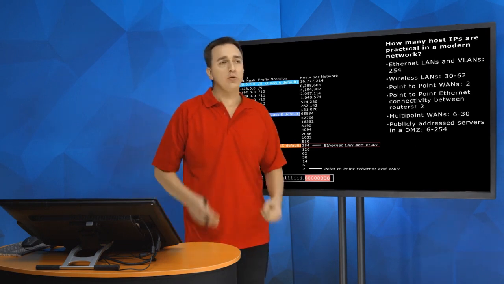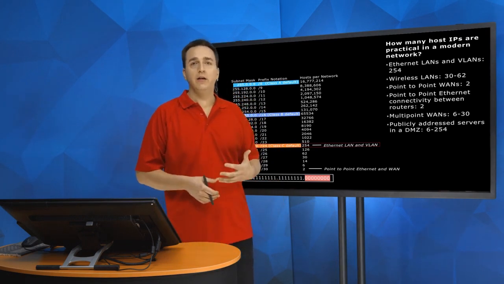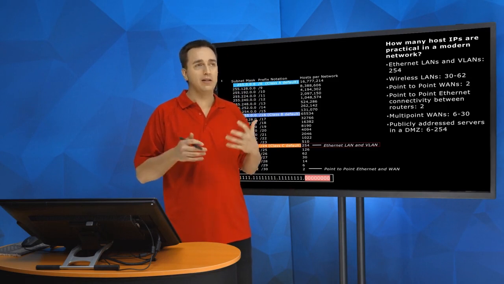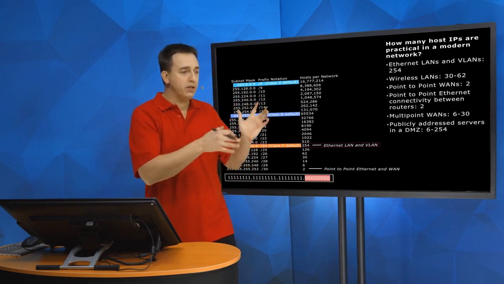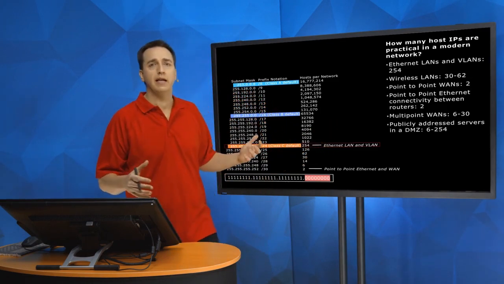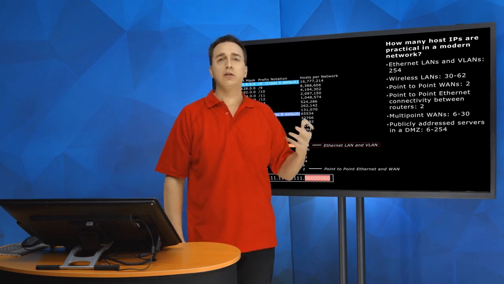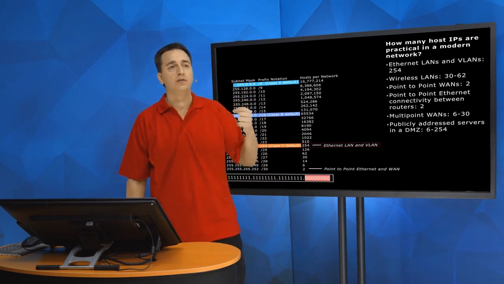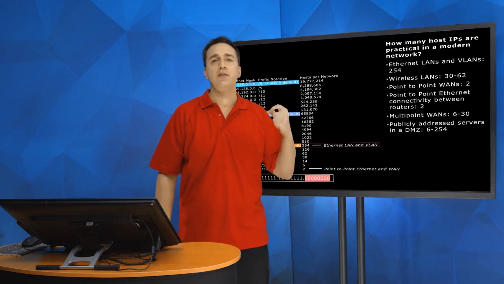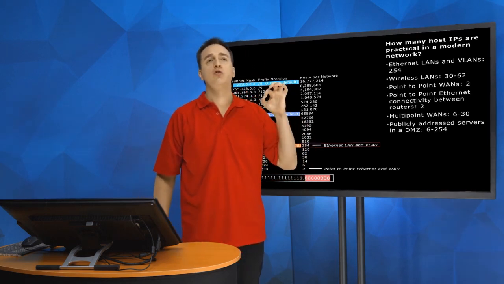No. So in the real world, typically what you're going to find is some organization using the 10 network, class A. So 10.0.0.0/8. And then what do they do? They subnet it down to what? /24. So they borrow 16 bits, 2 to the power of 16, 65,536 subnets created.